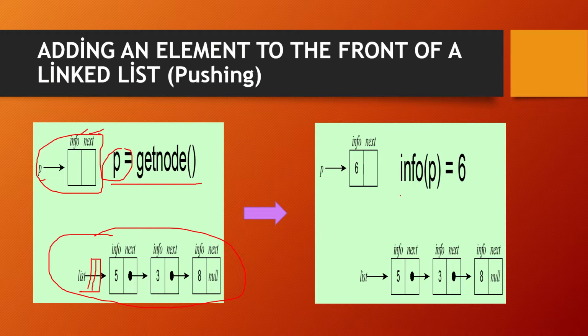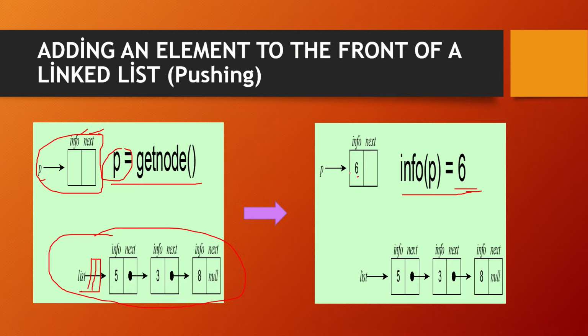When we are inserting, first we add the information into the node. So info(P), the info part of P, is equal to 6. We add the value 6 into the info part.